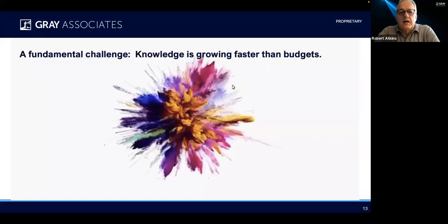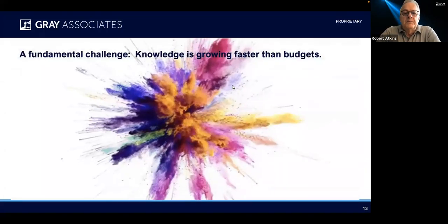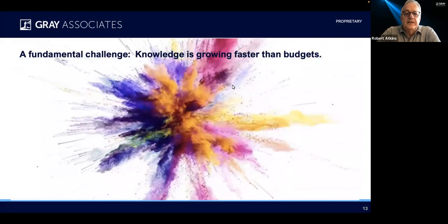One is that knowledge is growing a lot faster than budgets. Conservatively speaking, knowledge in the world is growing about 4%. I think that's a very conservative estimate. That's the percentage growth in new patents at the patent office. If you looked at something like the volume of data, it's doubling every year, and the rate of doubling is accelerating.